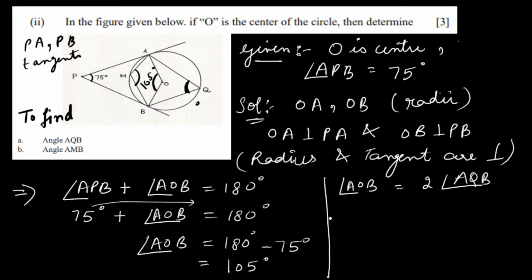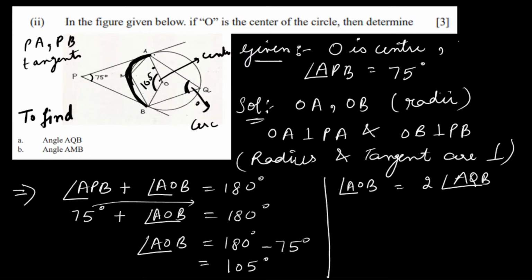Why? Because we know the angle subtended by the same arc. You can see angle AOB is subtended by arc AB, and moreover AQB is also subtended by arc AB. So both angles are subtended by the same arc, but angle AOB is at the center and angle AQB is on the circumference of the circle.